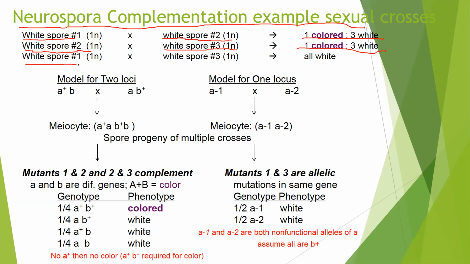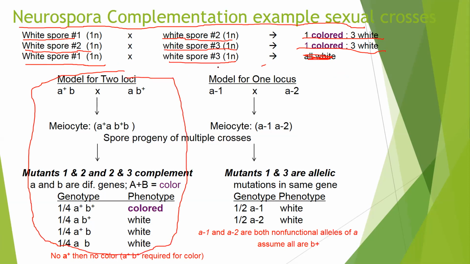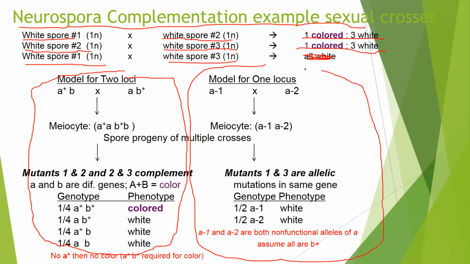When we cross mutant 1 and mutant 3, if we do not recover any wild type, then these two mutants show the mutation in the same gene, right? So this is the biology behind. I'm going to leave this to you. After class, you can study these two possible crosses and understand why number 1 and number 2, and number 2 and number 3, can complement each other, but not mutant 1 and mutant 3. All right.